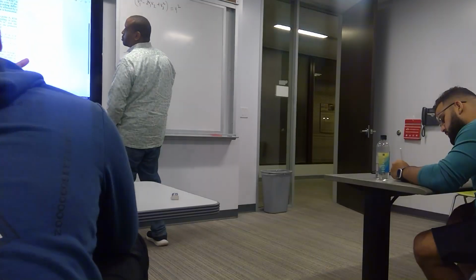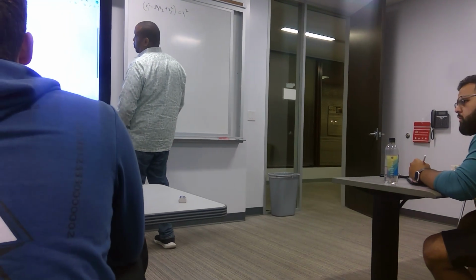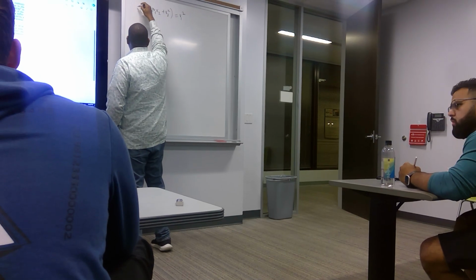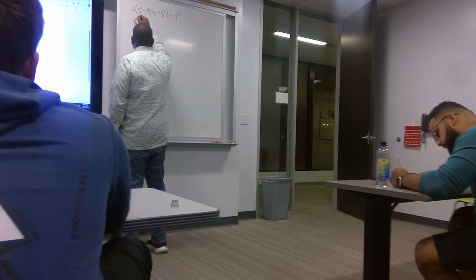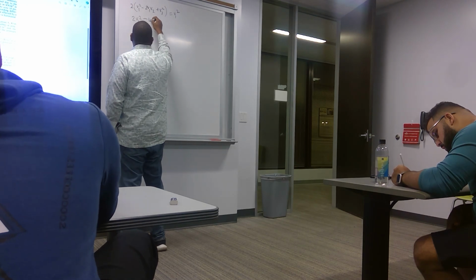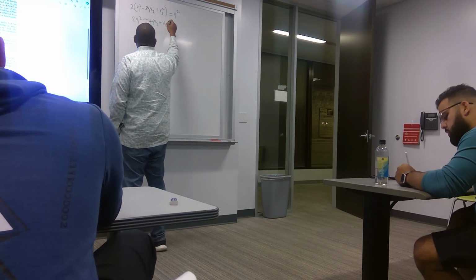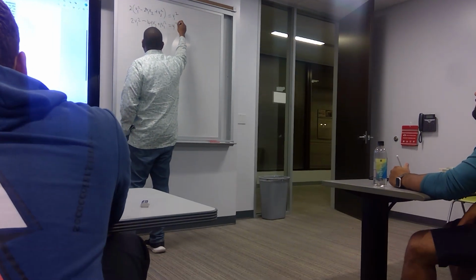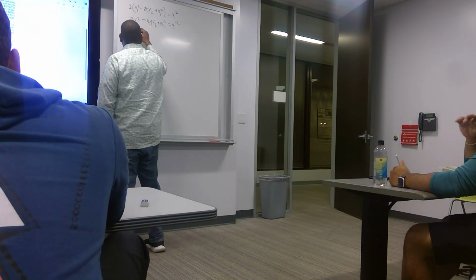Or you just distribute the 2, it's supposed to have a 2 in front of everything. So it's 2V1 squared minus 4V1V2 plus 2V2 squared. Right? So now we have V1 squared.